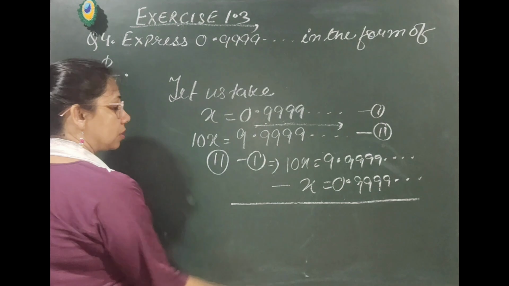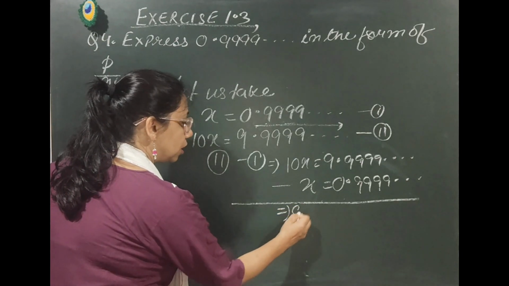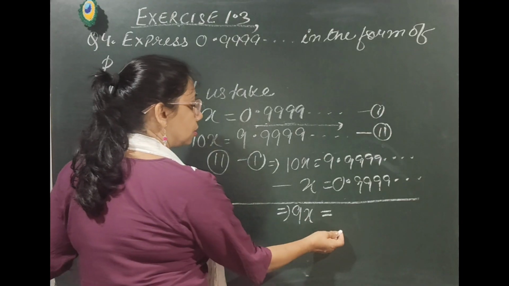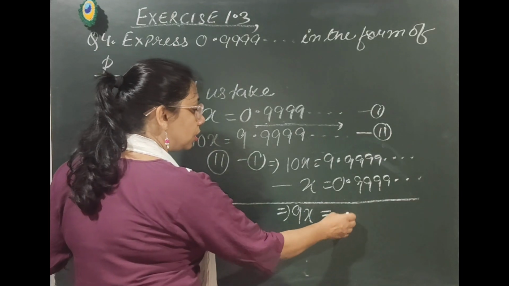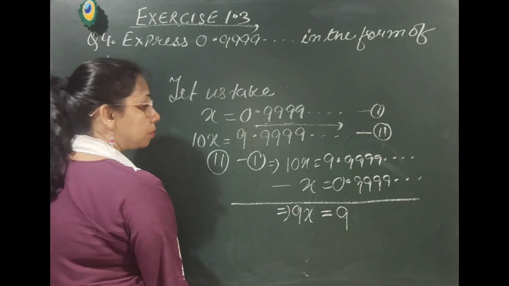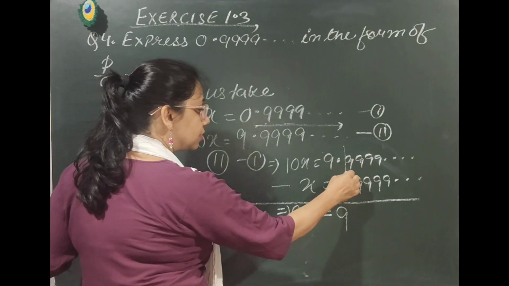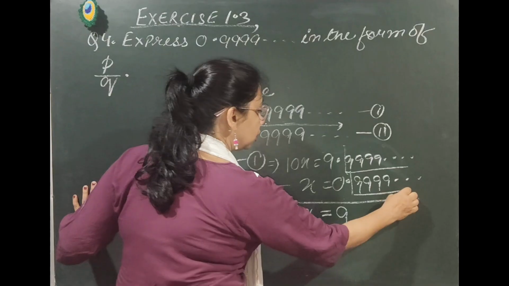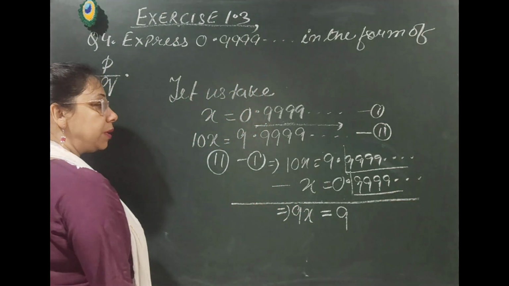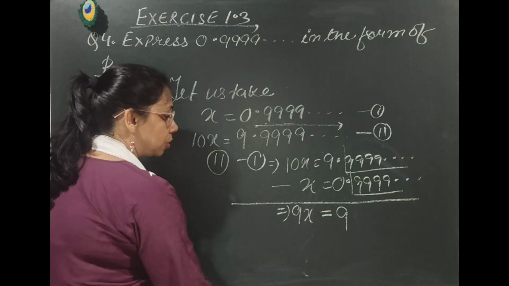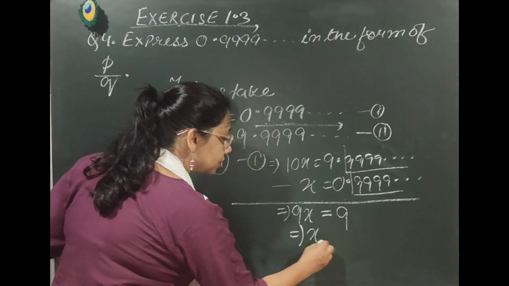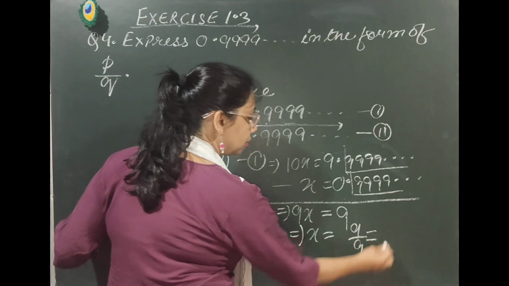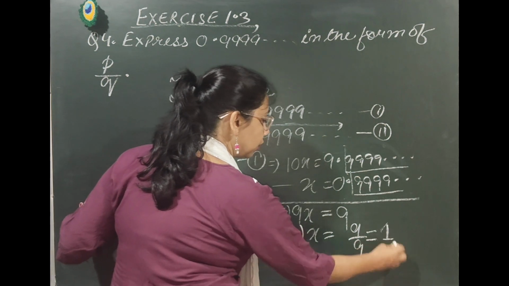If we subtract, we will get 9x on this side, and on this side you will only get 9, because the never ending part after the decimal point in both cases will be removed. So, what is x? x is 9 by 9. That means we can write it as 1.